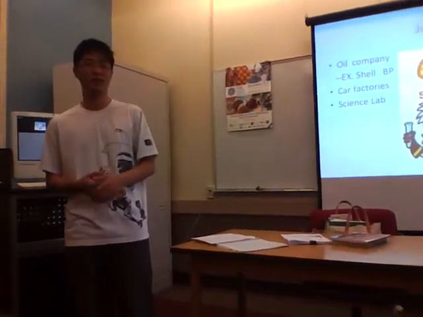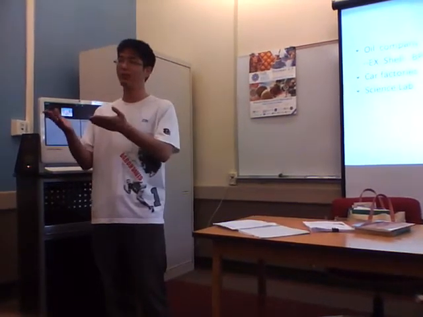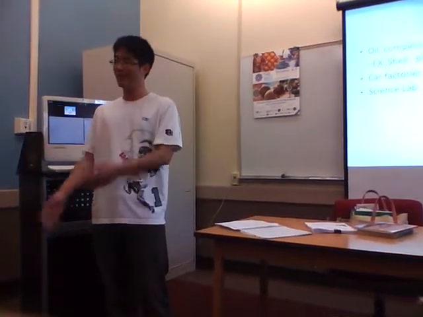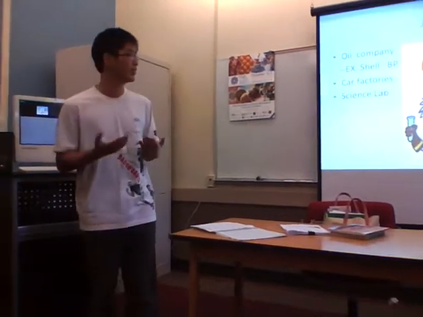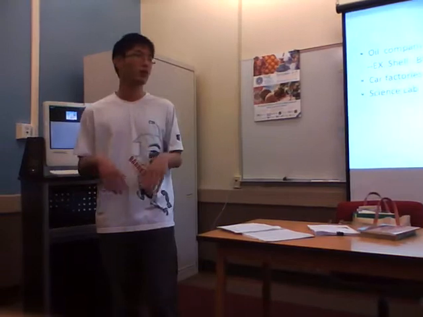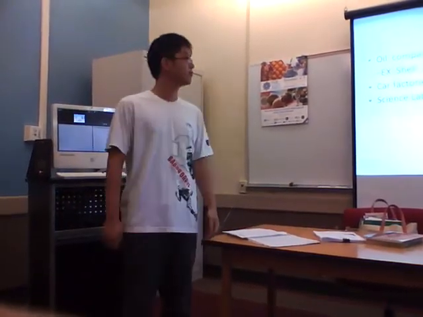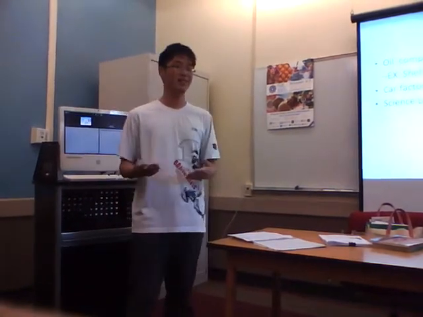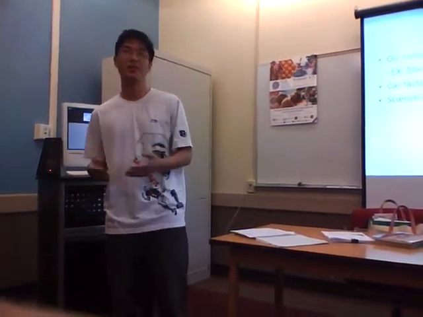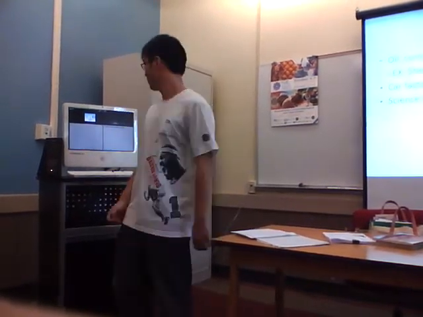The science lab does some research, like how to make people beautiful in makeup, and research on the oil, how to save oil and improve the rate of oil use. There are many things that chemical engineering can do actually. So, okay, let's move on.